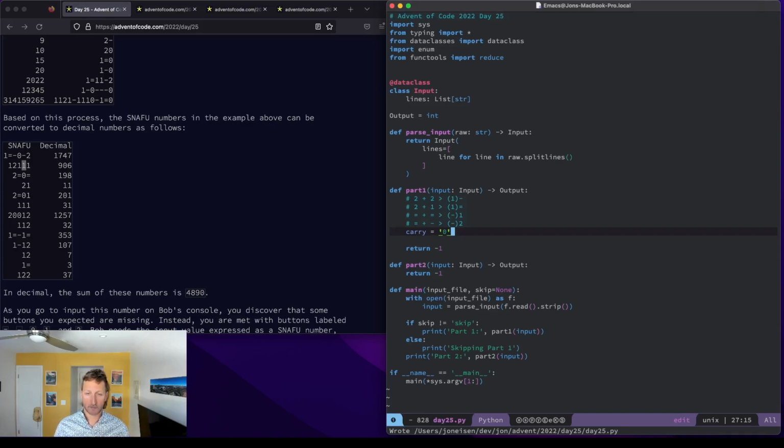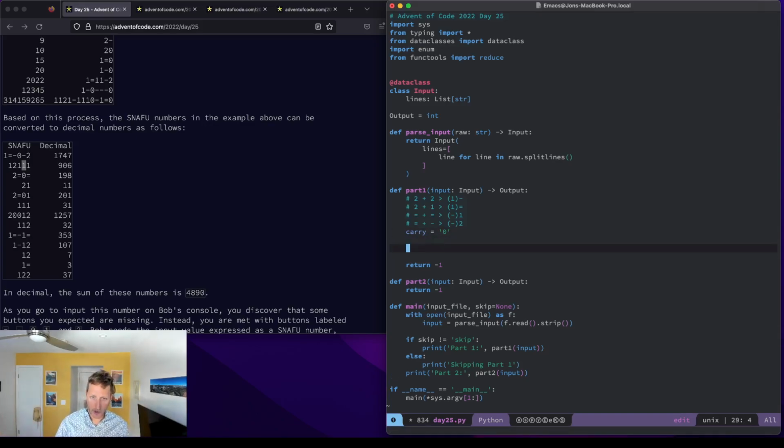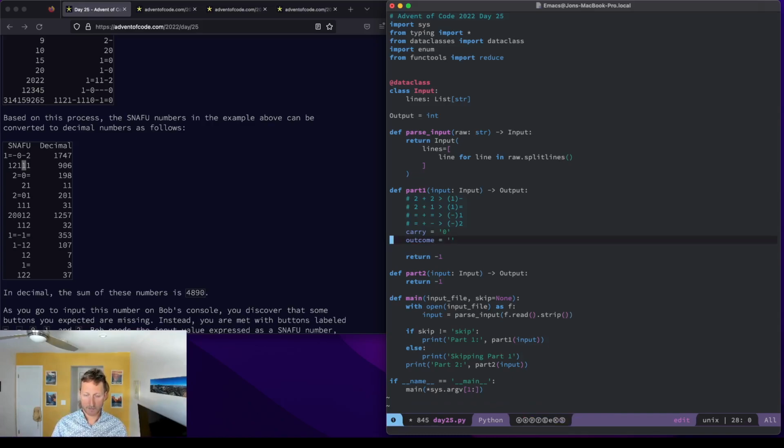All right. So we're going to start from the left. Outcome equals empty.